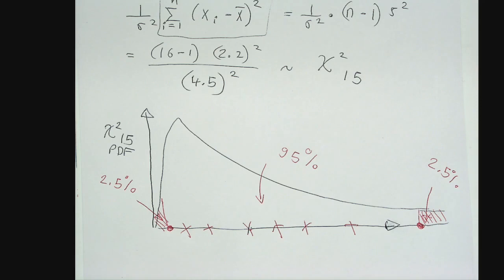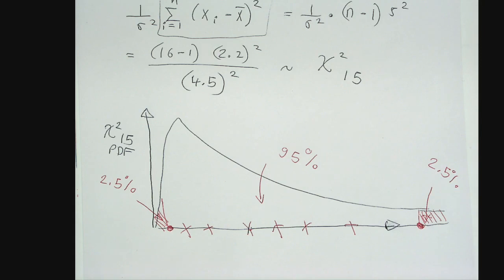So to answer whether that number follows the chi-square distribution, what you need to say is that it must fall in the central part of the chi-square distribution, which is this area here, the interval from this point to this point.